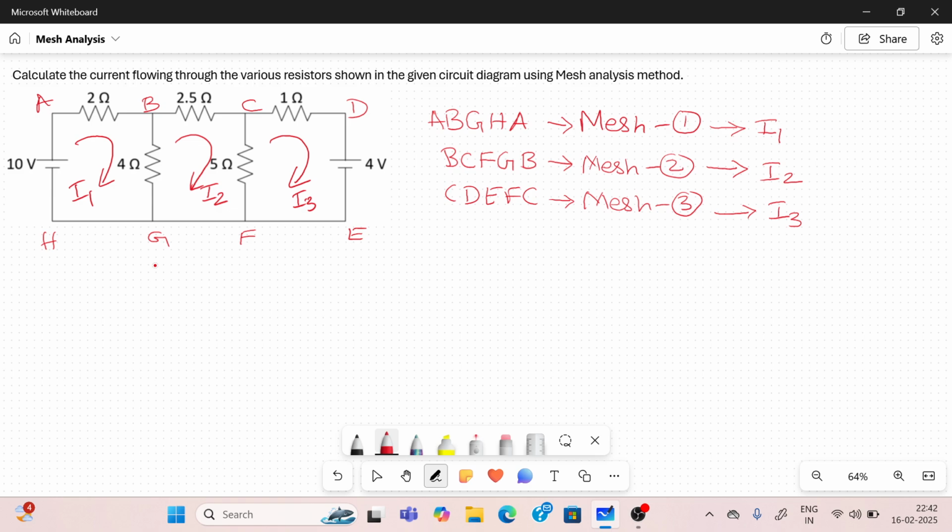Next, for mesh analysis you have to use only the KVL method. What is KVL? Kirchhoff's voltage law.